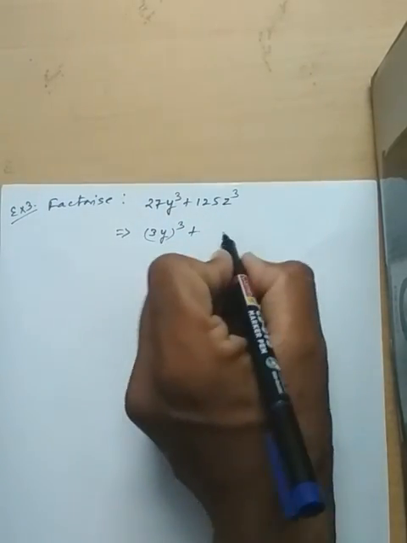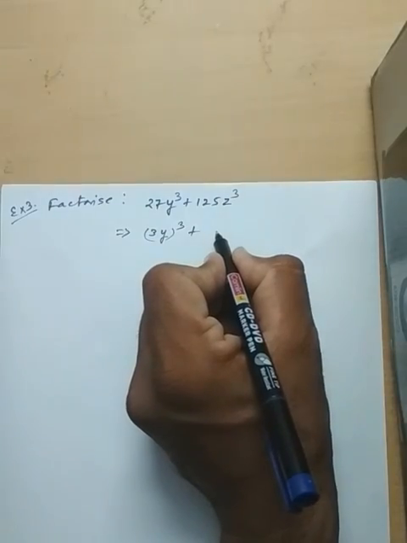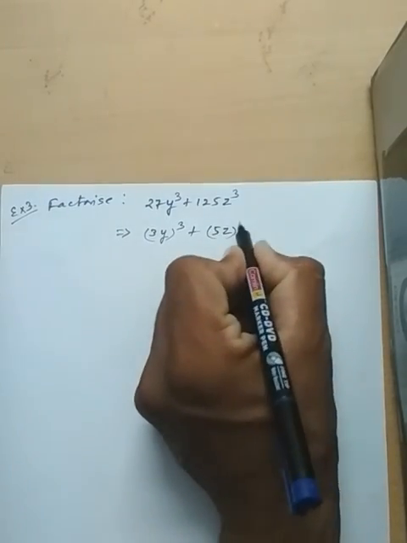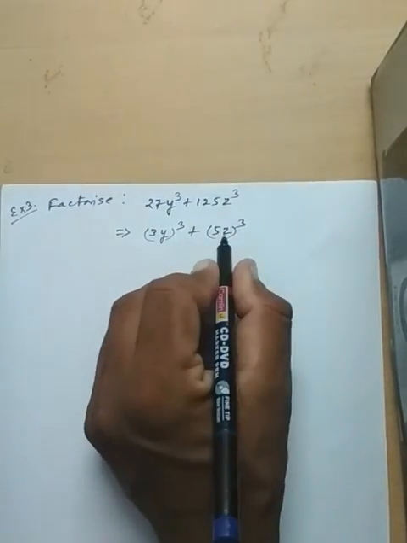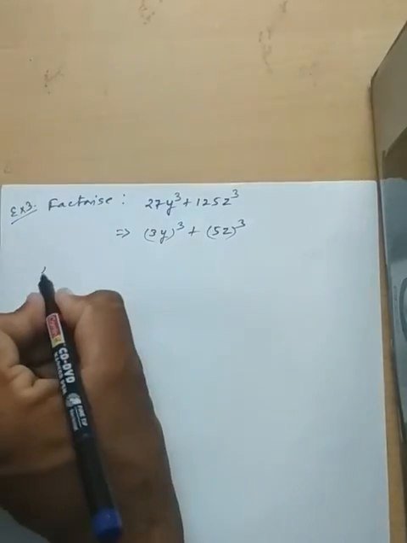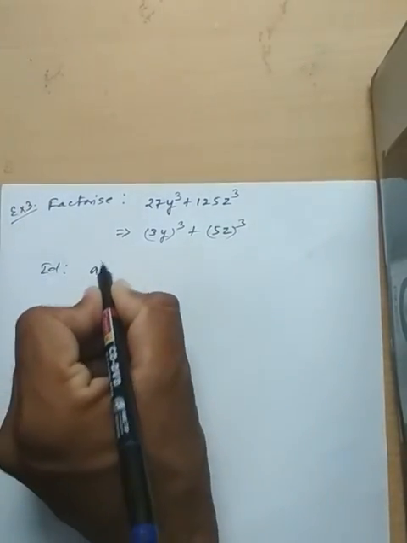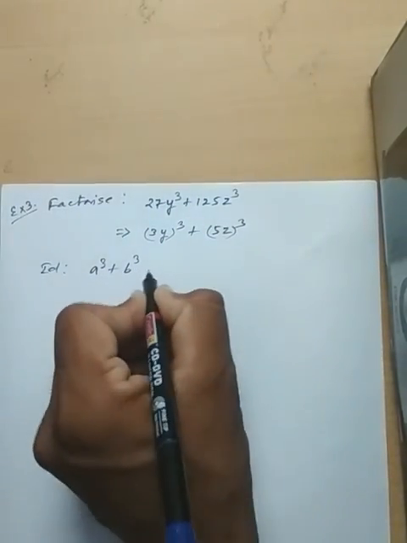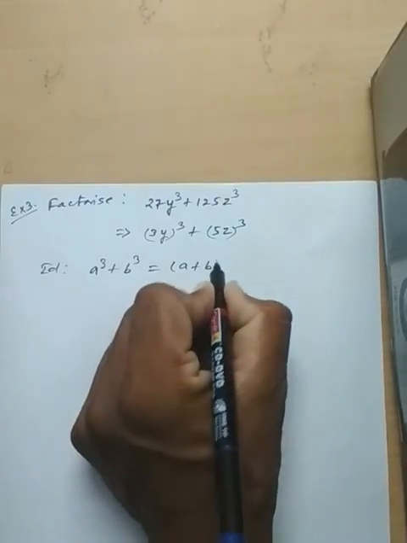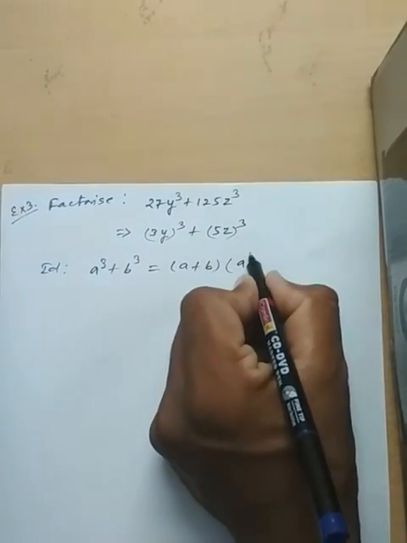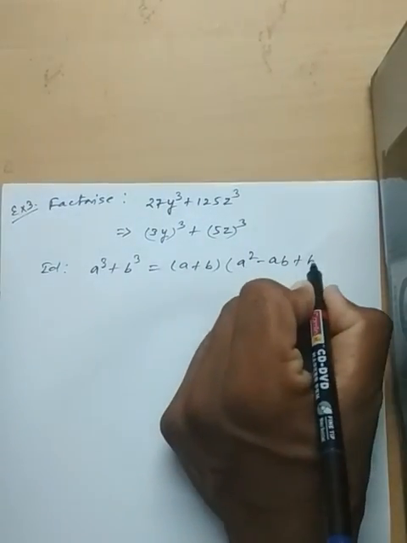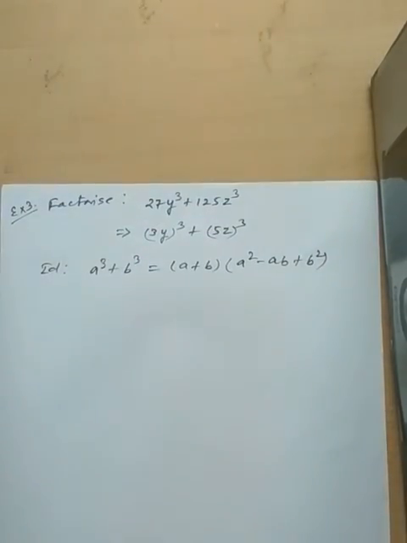Here 125 can be written 5³, so (5z)³. So it is a³ plus b³, and the identity is a³ plus b³ is (a plus b)(a² minus ab plus b²).